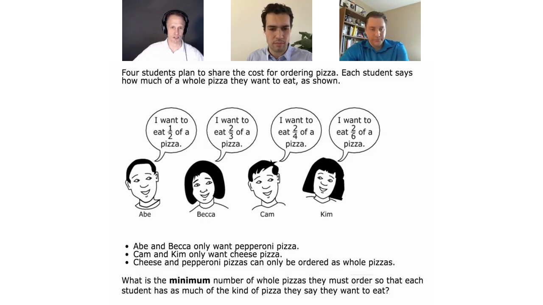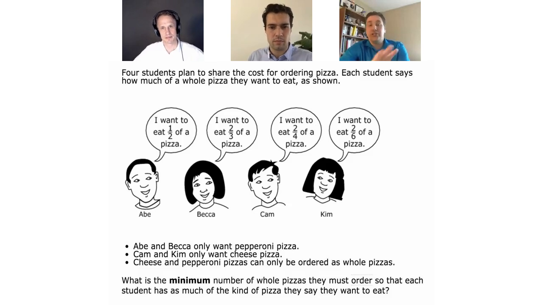So I can either order cheese or pepperoni, but I can't order half of a pizza. And the kids want portions that add up to more or to less than those whole pizzas. And then there's the kids that want specific pizzas in there. So those are kind of the constraints that I'm seeing in the problem.